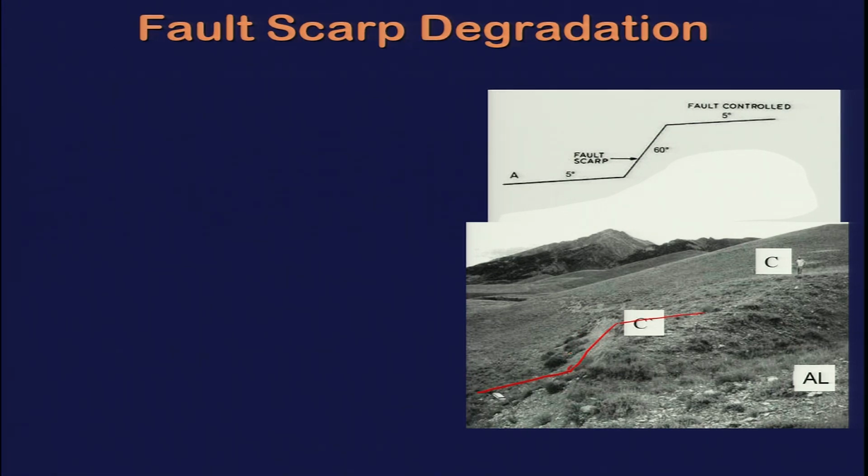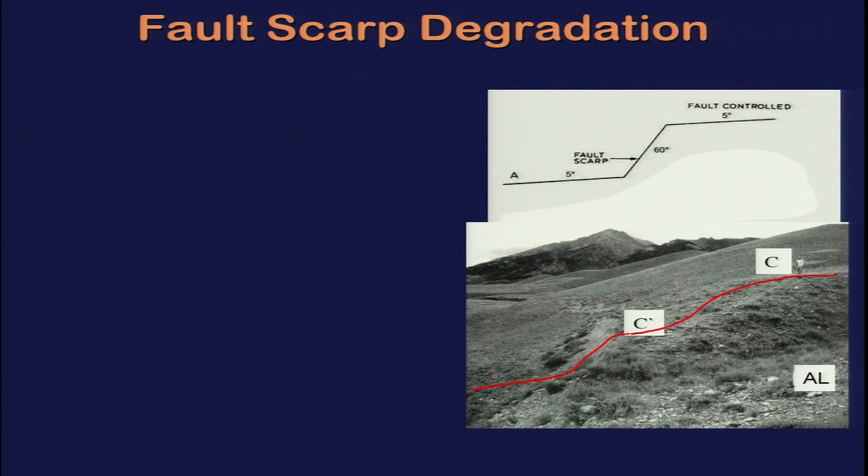Okay, so now let's see how the scarp over time will get degraded and what profile we will be able to see. So if you compare this one, that is the scarp C, then what profile you will see, the topographic profile is very gently coming here, then getting flat, and then from here you are having very sharp.